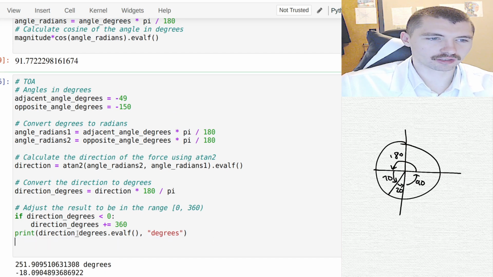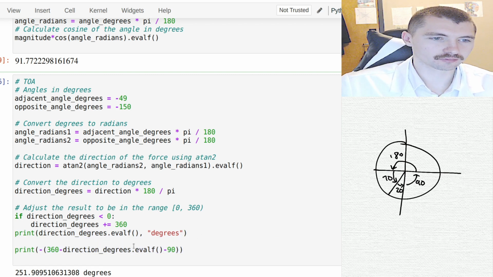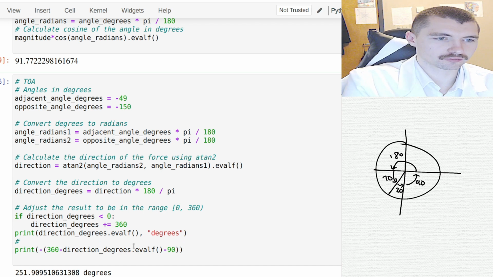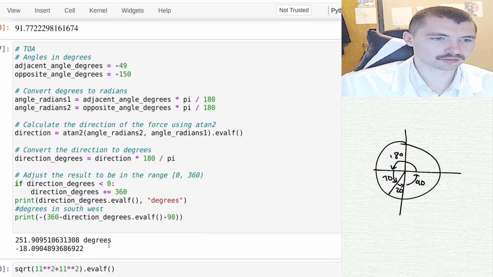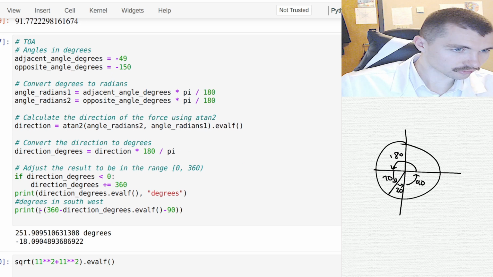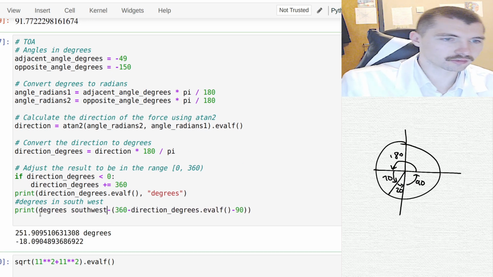So let's say degrees and southwest. Print.